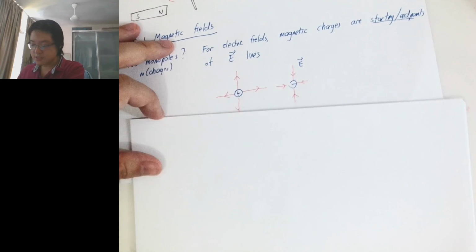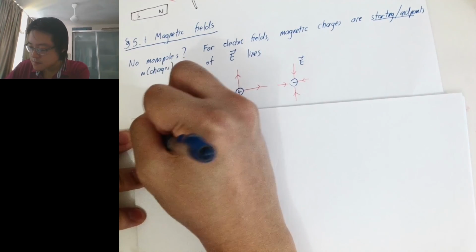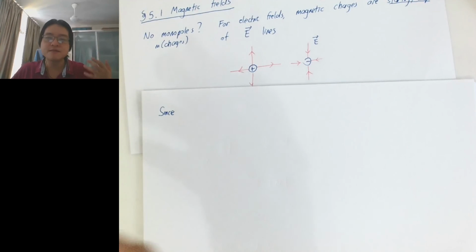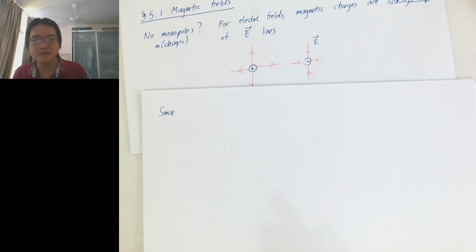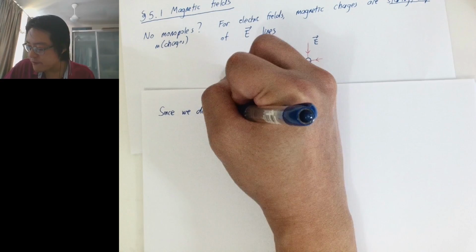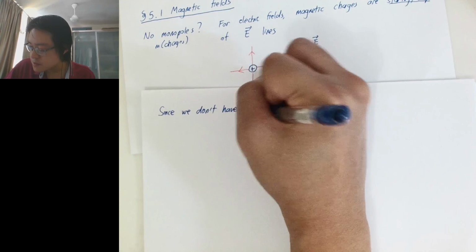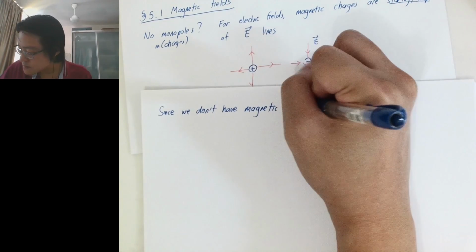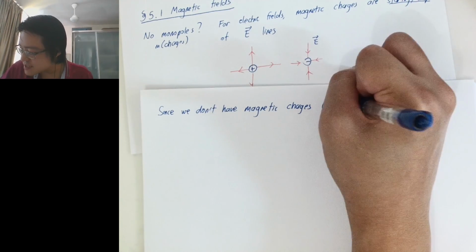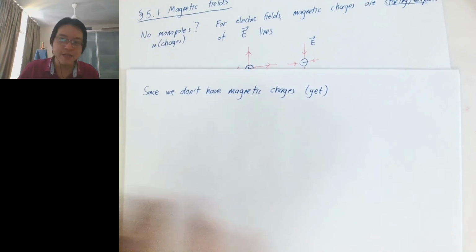So because we have no magnetic charges, not to say we have none, theory says they can exist, but in experiment we just cannot find them. And I should say yet, just in case somebody finds one and wins the Nobel Prize, then my video is not outdated, right?